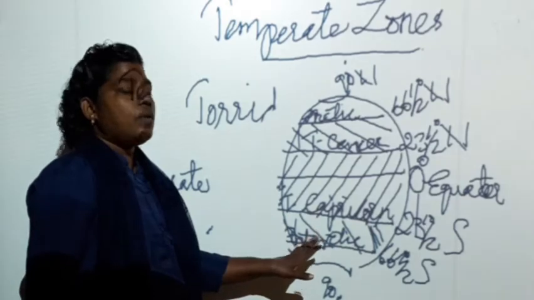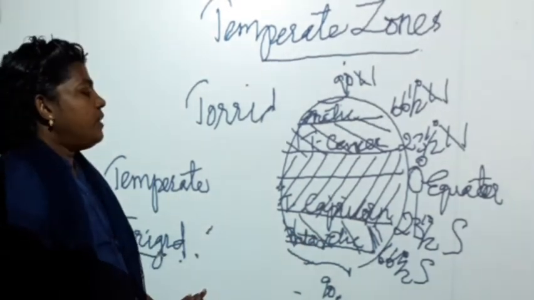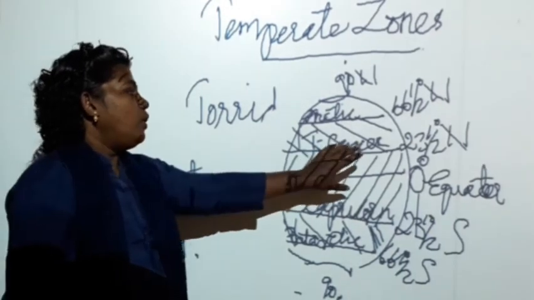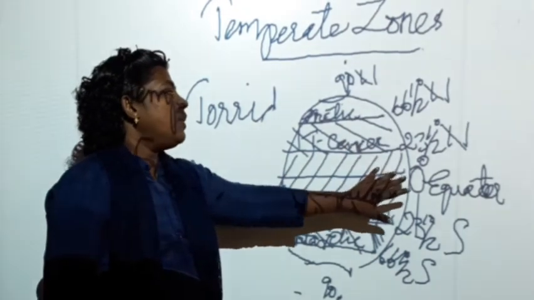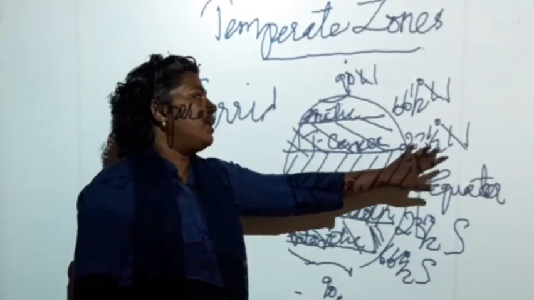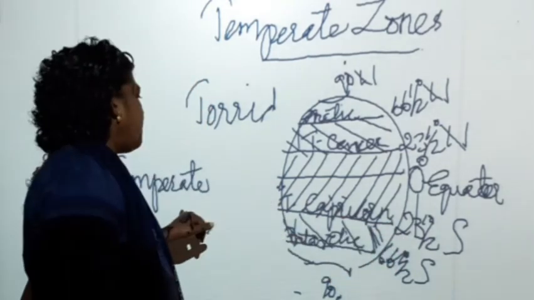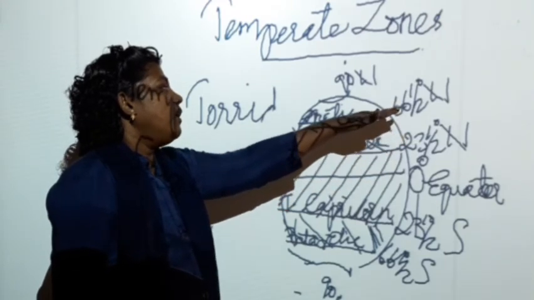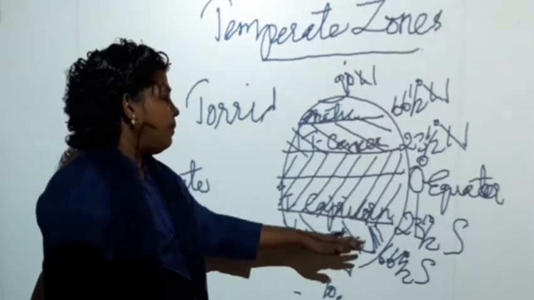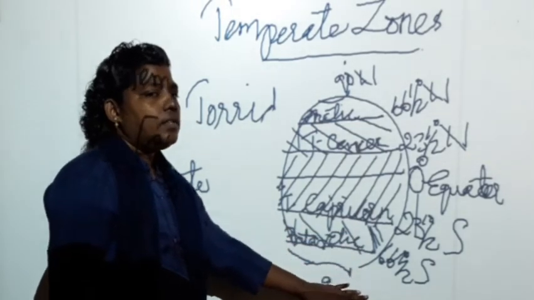So what are the important zones we have seen? Torrid zone, temperate zone and the frigid zone. The torrid zone is located above and below the equator, from 0 degrees till 23.5 degrees north and 23.5 degrees south. The temperate zone is located above the Tropic of Cancer till the Arctic Circle in the north, and below the Tropic of Capricorn till the Antarctic Circle in the south.